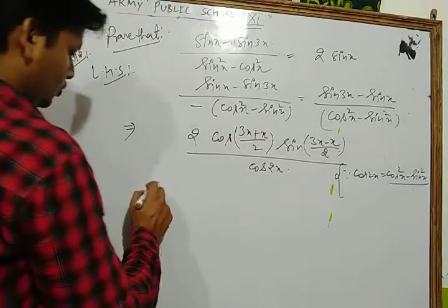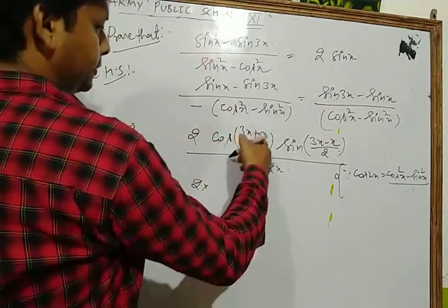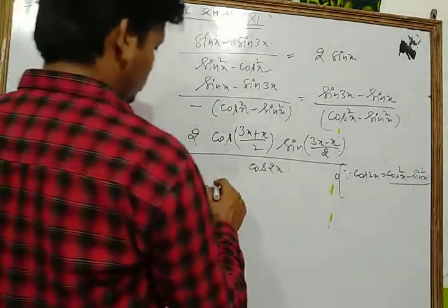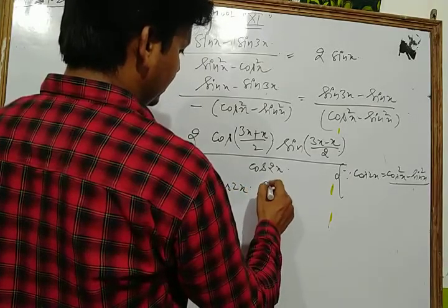Cos 2x. Okay, so let's see here, that is 2 into (3x plus x) upon 2, that is 4x upon 2, that is 2x, cos 2x. 2 cos 2x into, here what do I get?